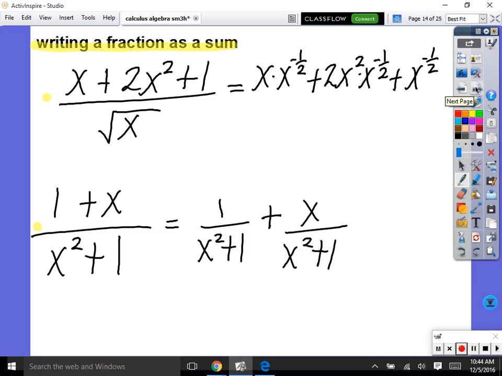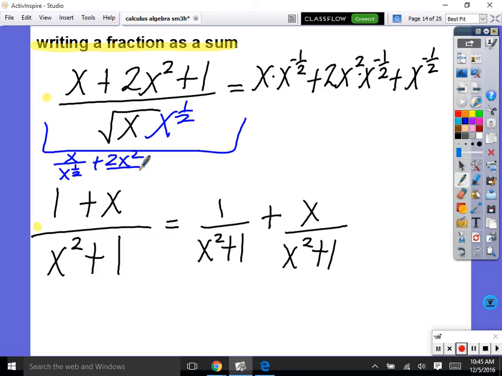Okay, sometimes it's helpful to write things as a sum of just one fraction, or just splitting this up differently sometimes helps. And you'll learn in calculus with different problems what would be more useful. So everybody, look at this. This is really x plus 2x squared plus 1 over x to the 1/2 power, correct? So now we need to divide each of those things by x to the 1/2. So split it up. That's x over x to the 1/2 plus 2x squared over x to the 1/2, isn't that true?